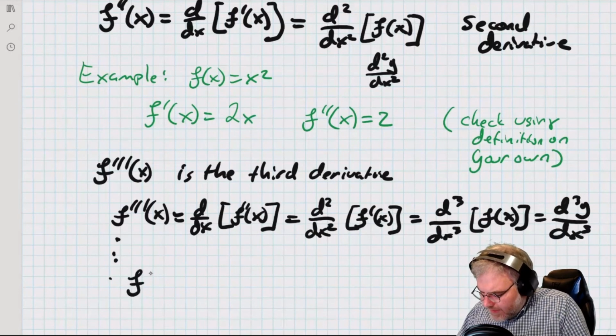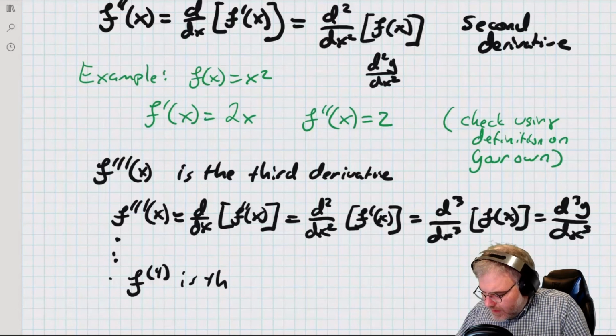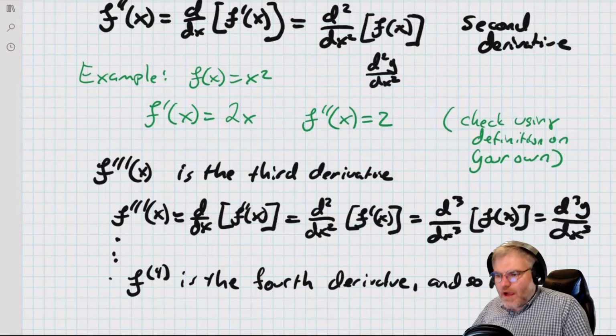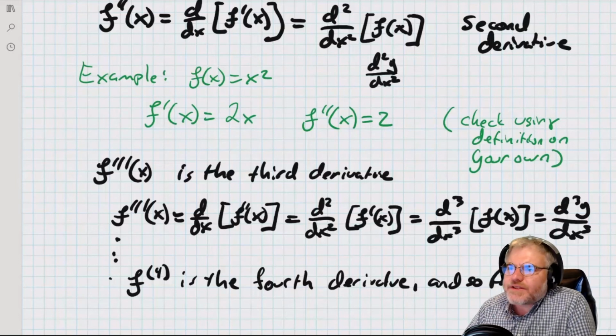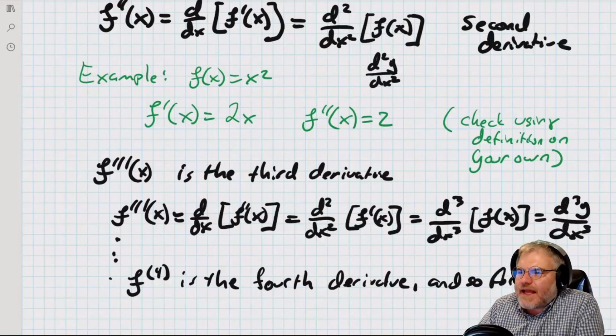After this, we usually put a little parentheses up here, for the fourth derivative, and so forth. Okay. Any questions? 1 to 5, how do we feel about that, if anyone's still watching?